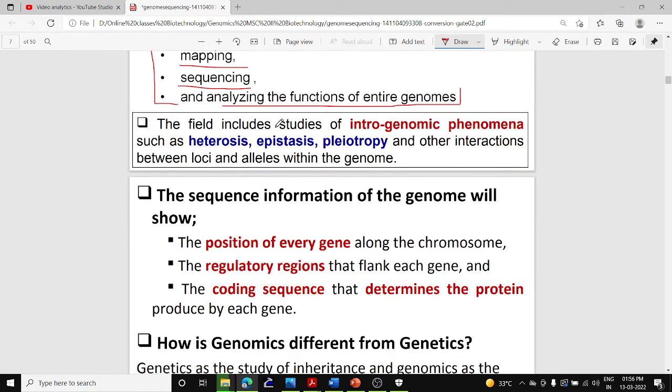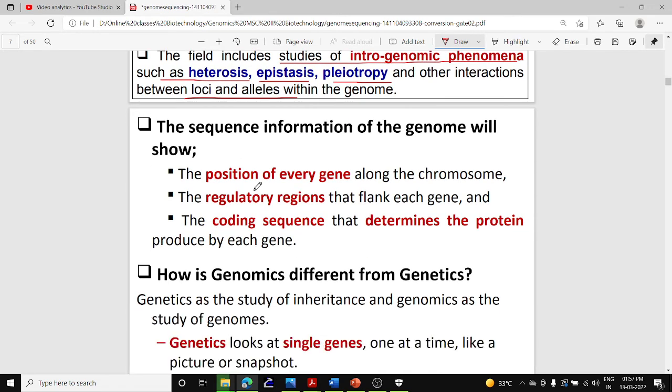The field includes studies of intragenomic phenomena such as heterosis, epistasis, pleiotropy, and other interactions between loci and alleles that we have seen.